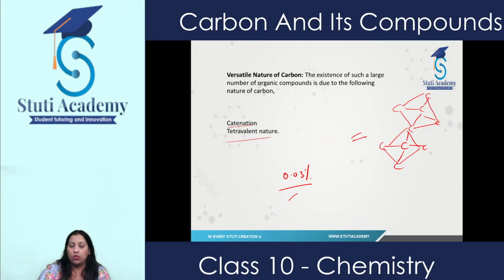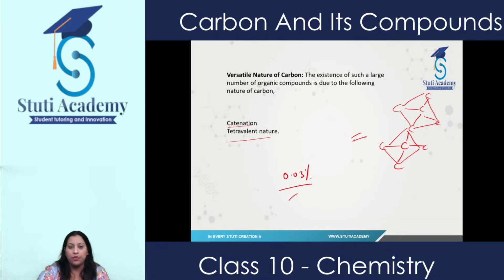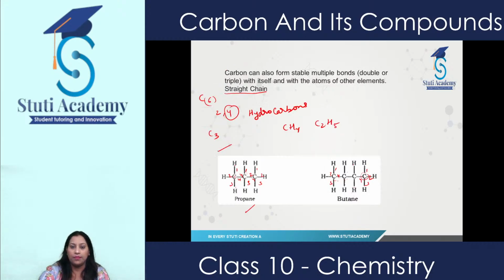Or a question can come: write any two versatile natures of carbon, and the answer is catenation and tetravalent nature. Or write down two main allotropes, which I have already discussed with you. Or what kind of chain is formed due to the unique property of carbon?